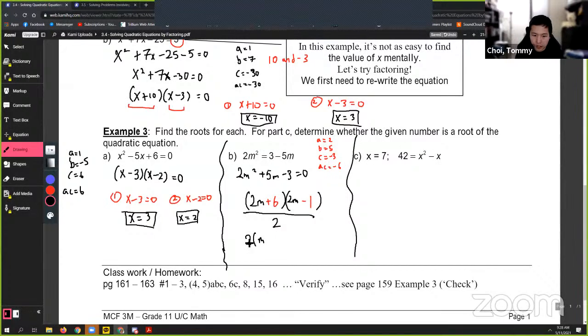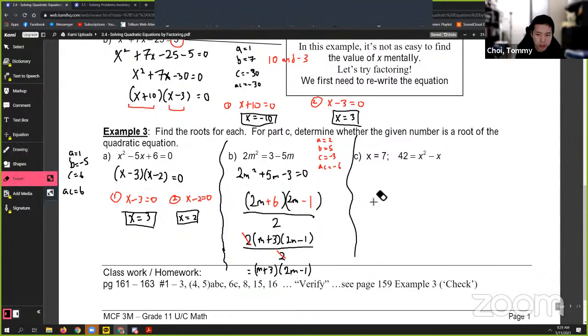We common factor a 2. We're left with m plus 3, 2m minus 1, all divided by 2. That nicely cancels out the 2 at the top and the bottom, which leaves us with our factors, which are m plus 3 and 2m minus 1.